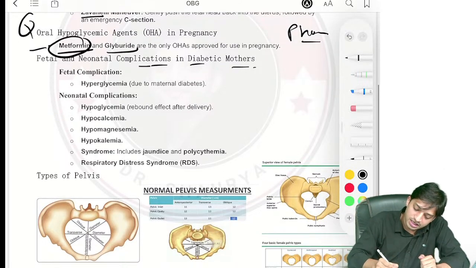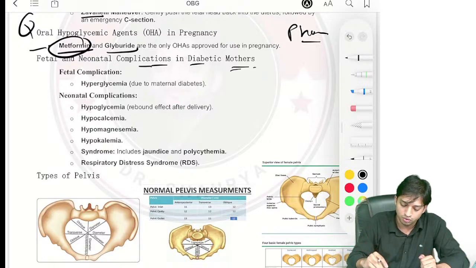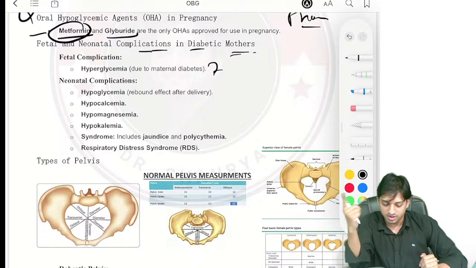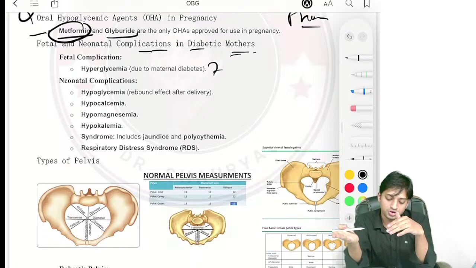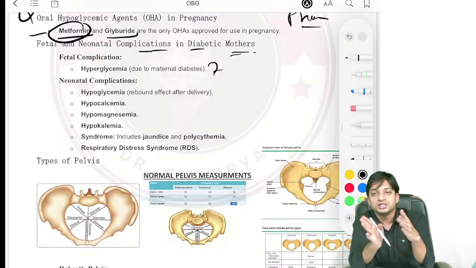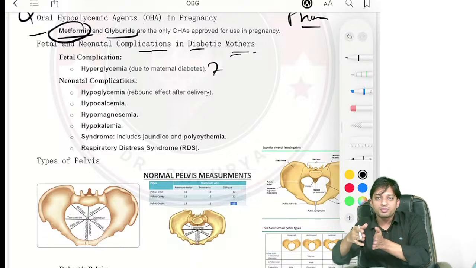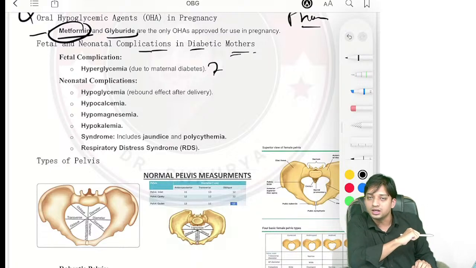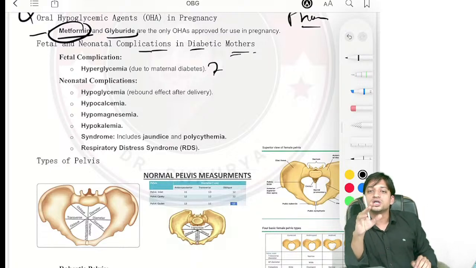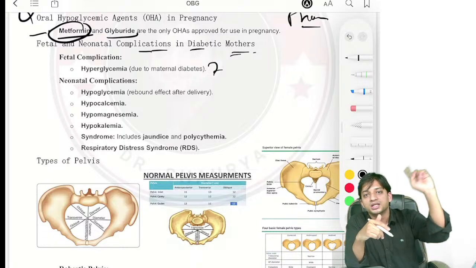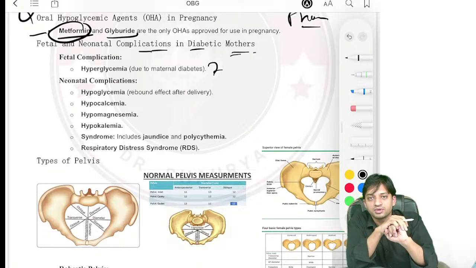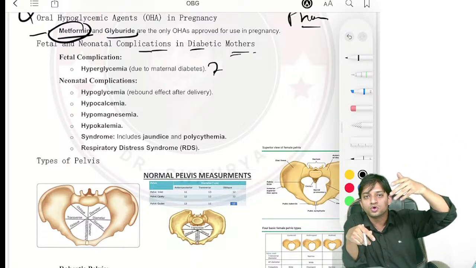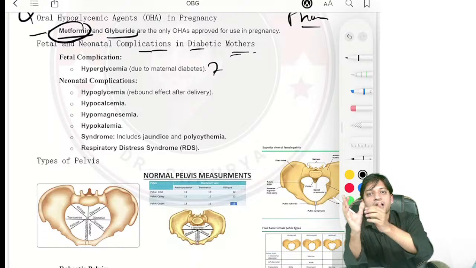Now fetal and neonatal complications in a diabetic mother. Hyperglycemia, because the mother is hyperglycemic, the fetus will also be hyperglycemic. Once the baby comes out, what will happen? The baby's pancreas was accustomed to secreting large amounts of insulin. Why? The mother had diabetes, and high amounts of glucose were crossing the placenta into the baby.